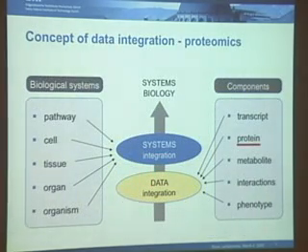Well, data integration actually means different things to different scientists. We look at data integration first of all from the data types that we have: transcript, protein, metabolites, interactions, phenotypes. So all of these have to come together.